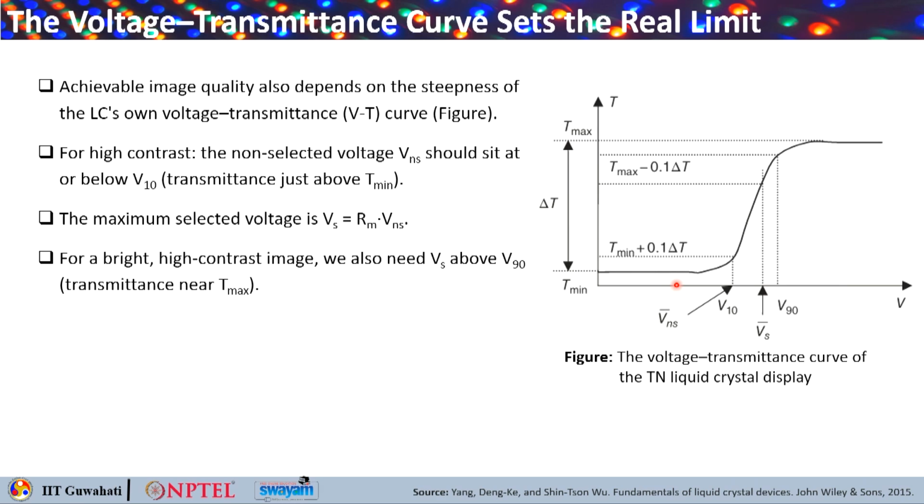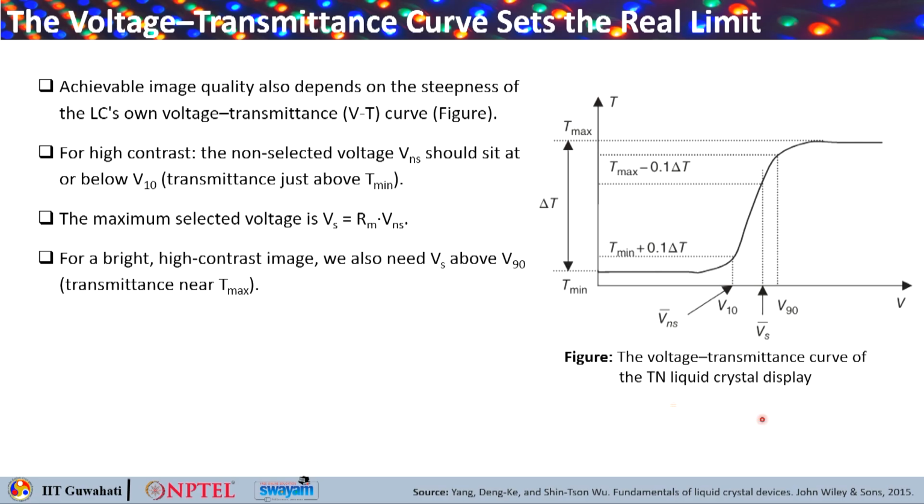And given the drive scheme, the best achievable selected voltage is then Vs equals Rm times Vns. That will be the maximum selected voltage that you can get, because you are ensuring that the Vns is at or below this V10.